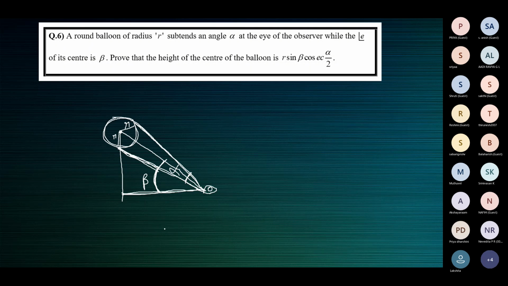I'll do it again for you. Angle of elevation of its center is the angle between the line of sight and the horizontal. Horizontal here is the ground level.